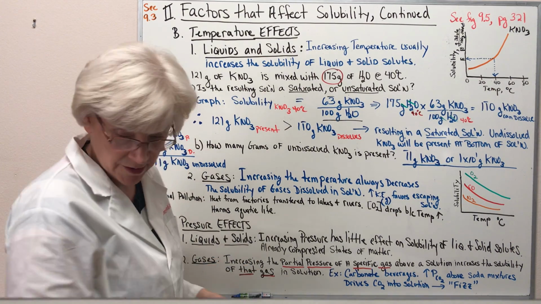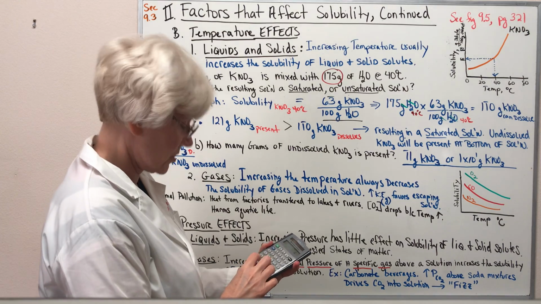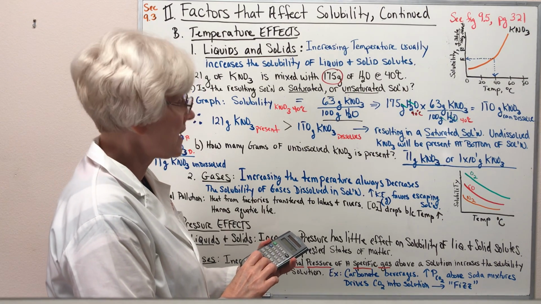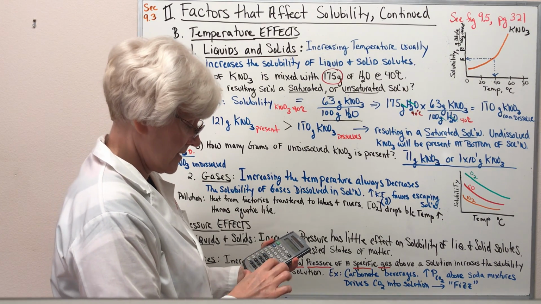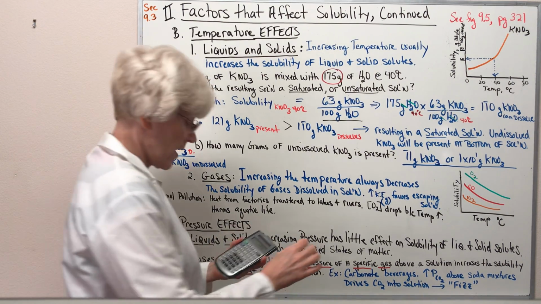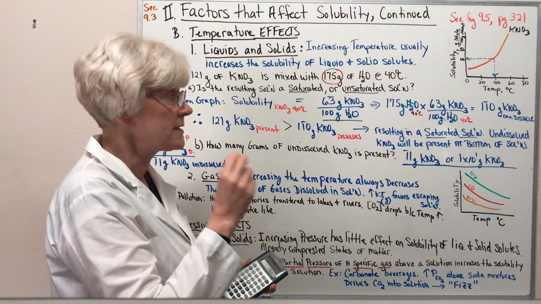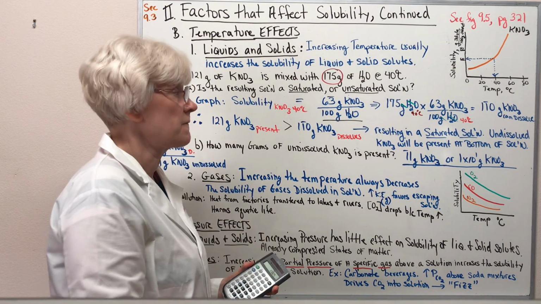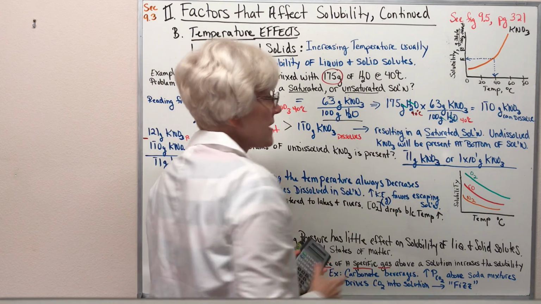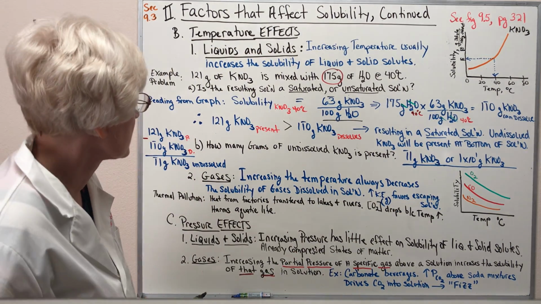And doing this calculation, which I did, but let's just go ahead and double check. 175 times 63 divided by 100, and I get 110 grams of potassium nitrate can dissolve, with 2 sig figs, in 175 grams of water at 40 degrees Celsius.